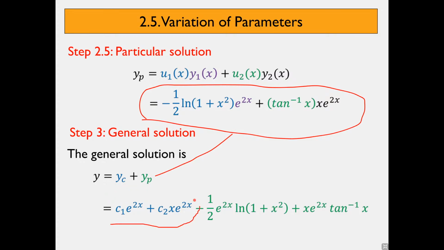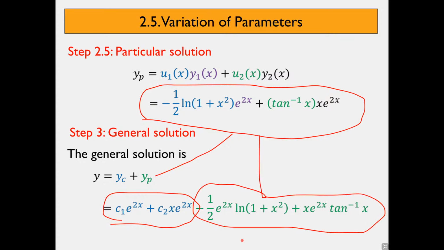Yc is this one, C1 e power 2x plus C2 x e power 2x, plus yp. You take all and put it here: minus half e power 2x ln 1 plus x squared plus x e power 2x arctangent x. So this is the final solution.